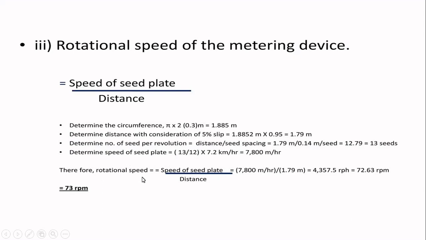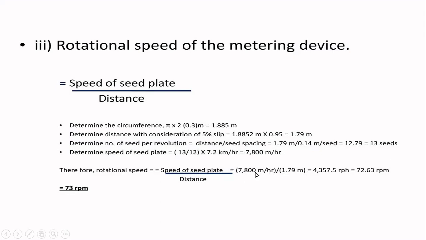Therefore, the rotational speed. This is the velocity: in one hour it will travel 7,200 meters. What is the meaning of this speed?